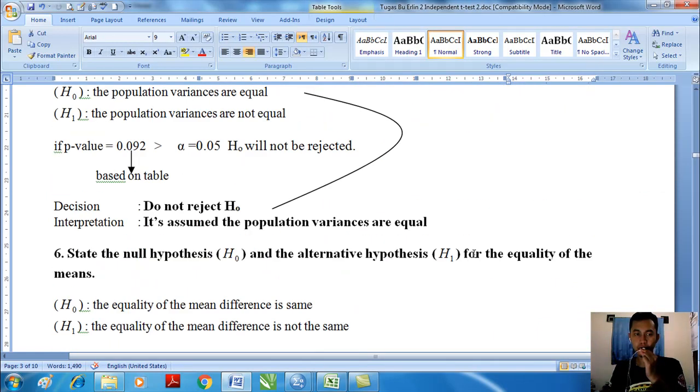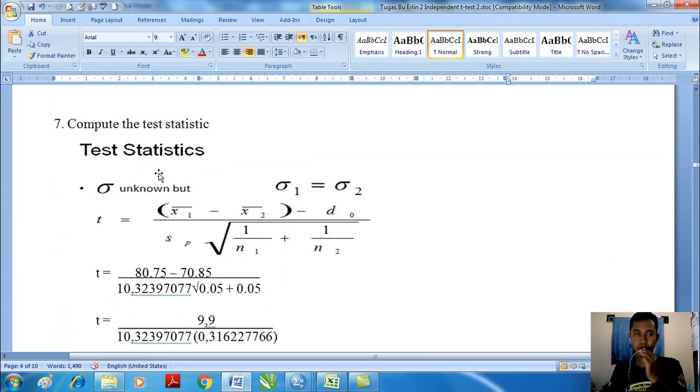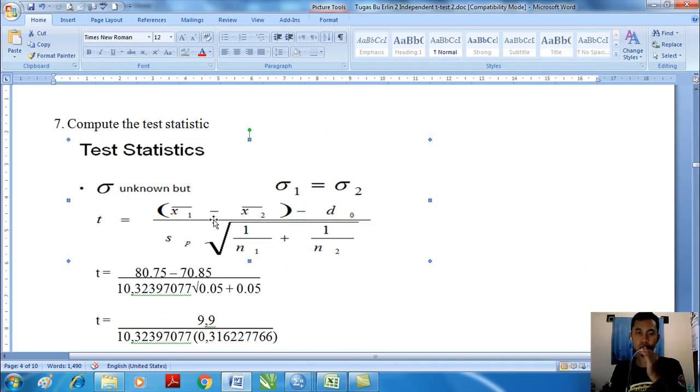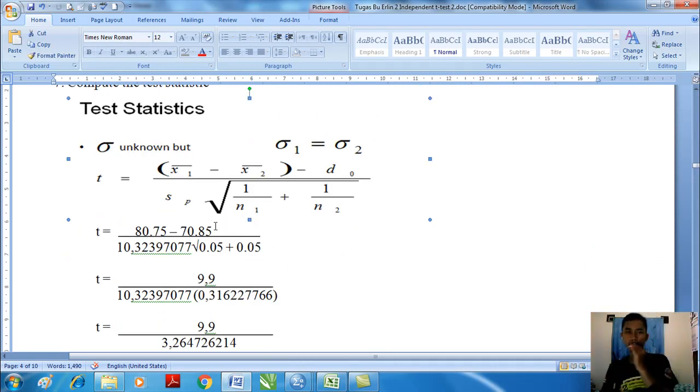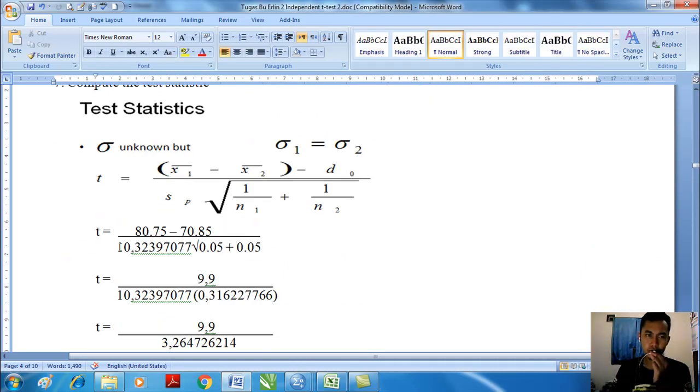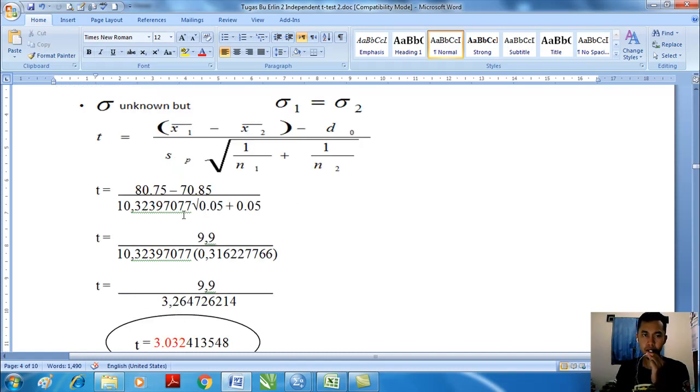Okay, next question: compute the test statistic. This one is for the manual. I already put in the score. The formula is x bar 1 minus x bar 2 minus t 0, divided by sp, the standard value, times the square root of 1 divided by the total number of population 1 plus 1 divided by the total number of population 2.